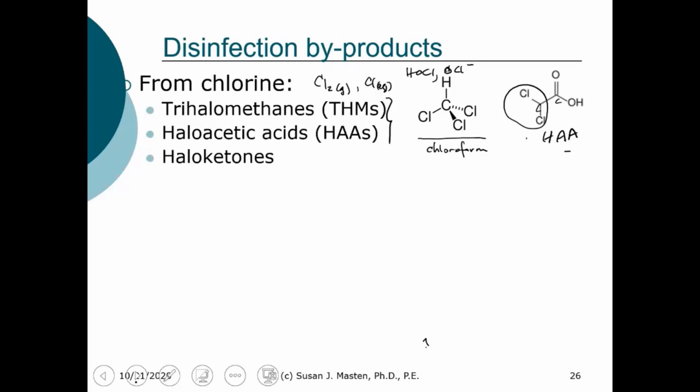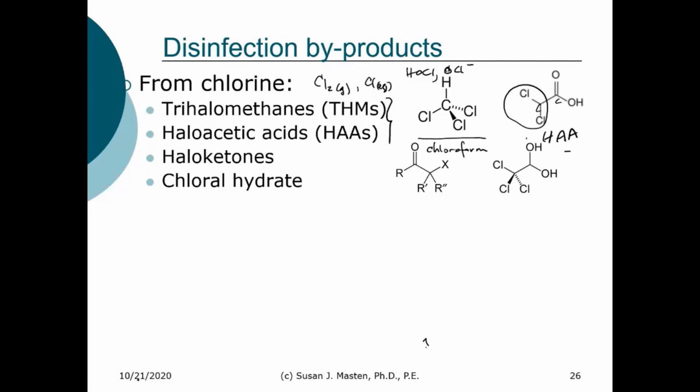Can also form haloketones. This is a haloketone. The X would be typically either a chlorine atom or a bromine. Can form chloral hydrate. And this is the chloral hydrate.